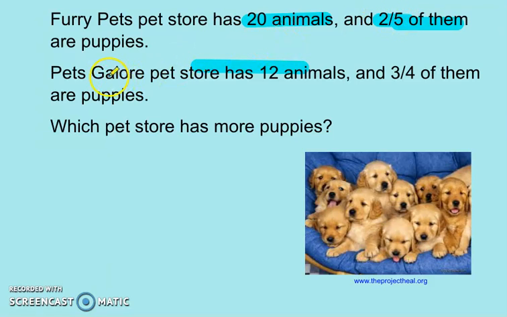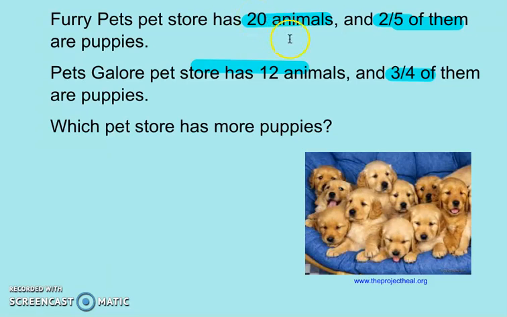At the Pets Galore pet store, we have 12 animals, and 3/4 of them are puppies. The key word again is of. It's in both: we have 2/5 of 20 and 3/4 of 12. We're trying to do a comparison to see which one has more puppies.